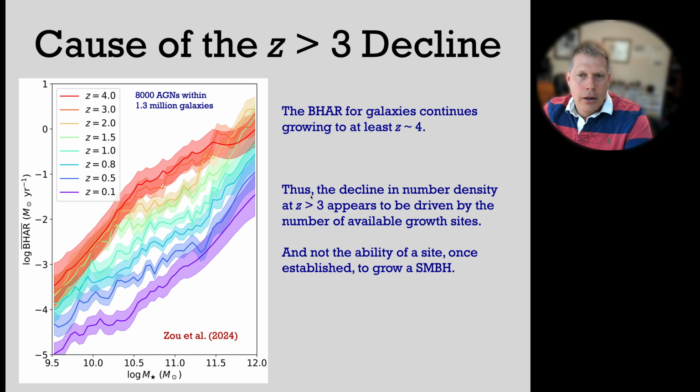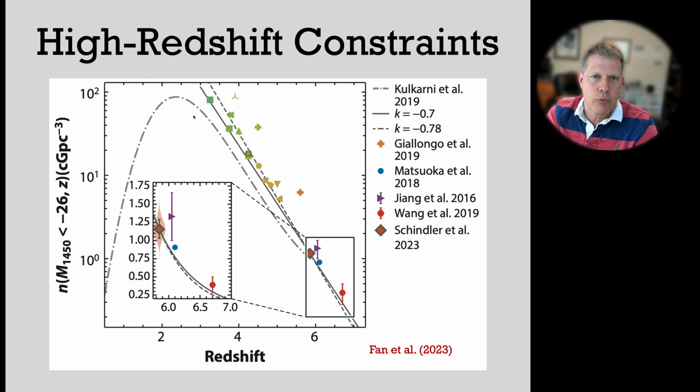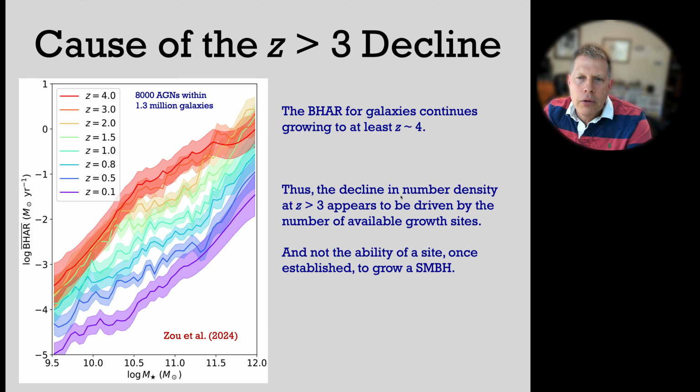Well, the decline in the number density at redshifts above 3, as you're seeing there, we think appears to be driven primarily by the number of available growth sites, the number of available galaxies that have assembled themselves and are able to feed a supermassive black hole effectively.